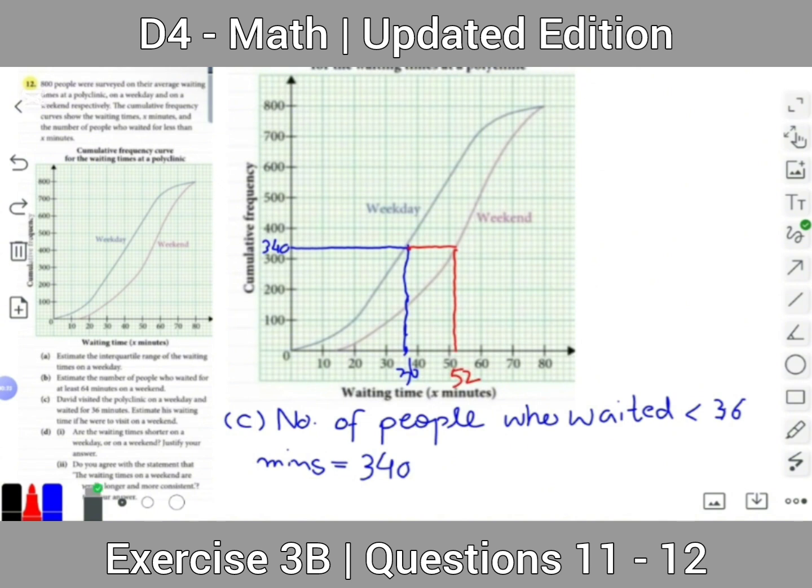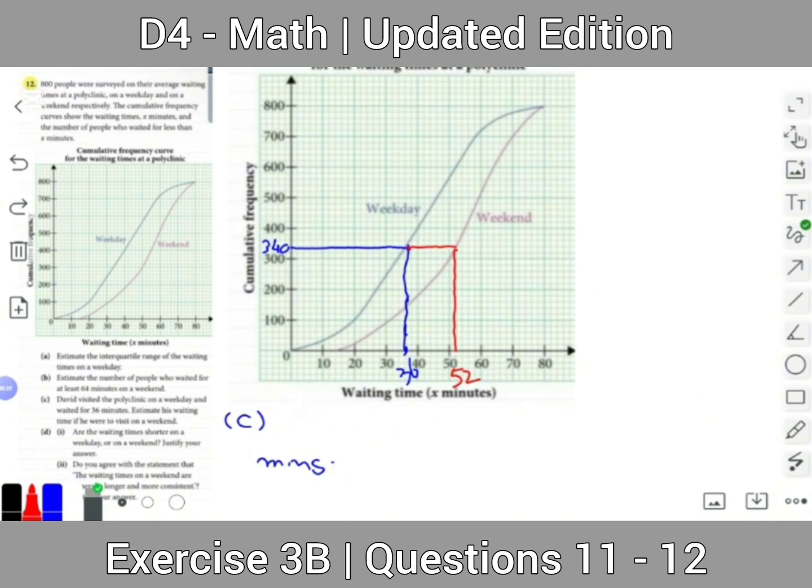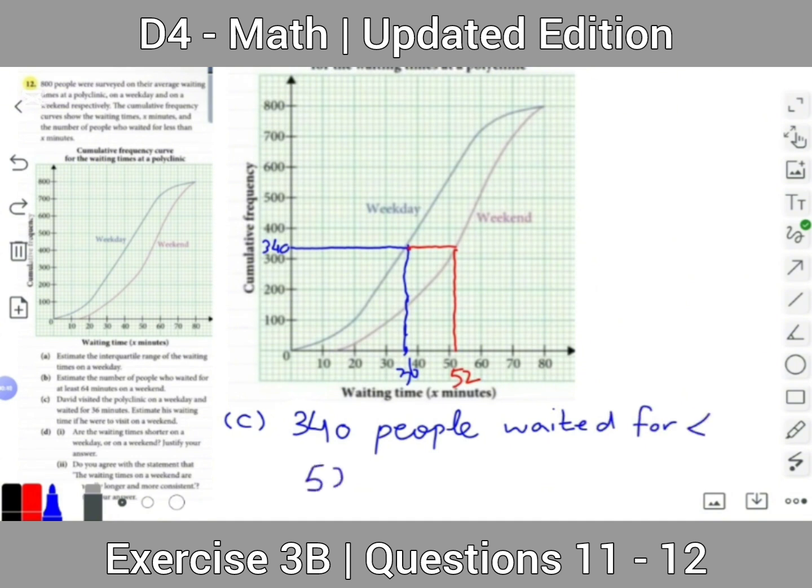So from the weekend curve, 340 people waited for less than 52 minutes.